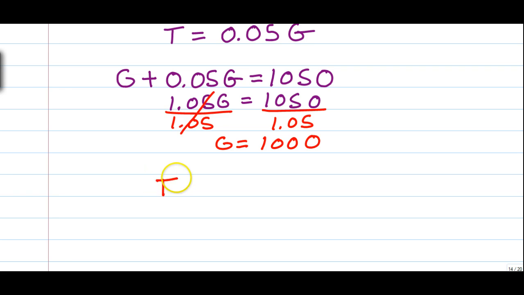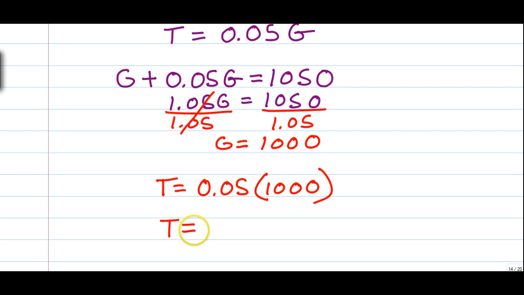So tax is equal to 0.05 times 1,000. We multiply that, and our tax comes out to 50. So we know that our tax was $50. Don't forget to use the dollar sign to indicate that this 50 is dollars. It's part of the final answer.